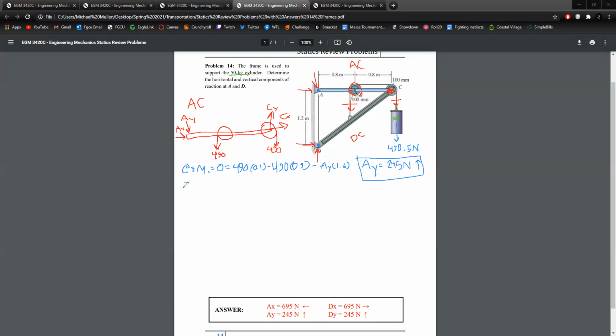We can go ahead and say that CY is going to be equal to the difference between 245 minus 490 minus 490, and it's going to be the difference we need to bring that back to 0. So we'll say that, and that's just found using your sum of force in the y direction equation.